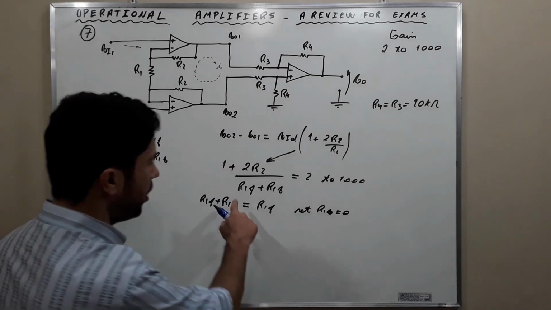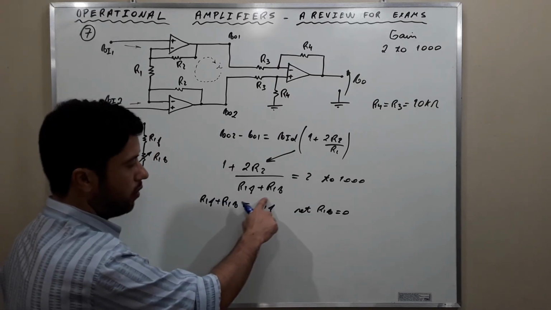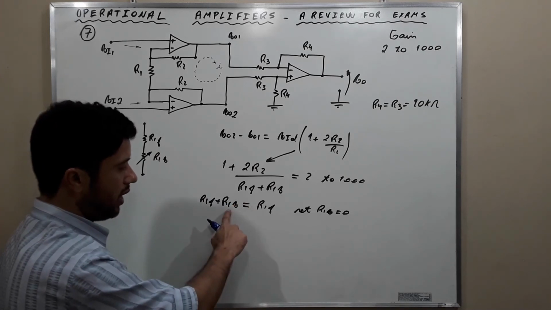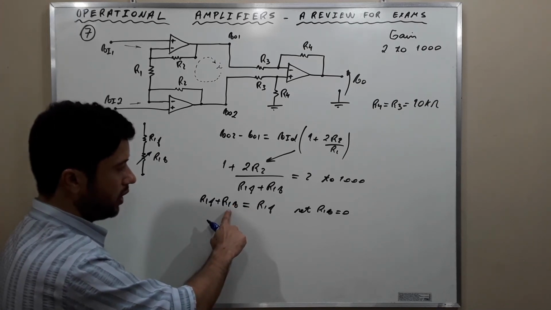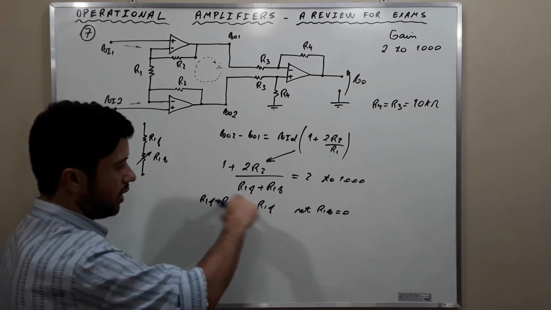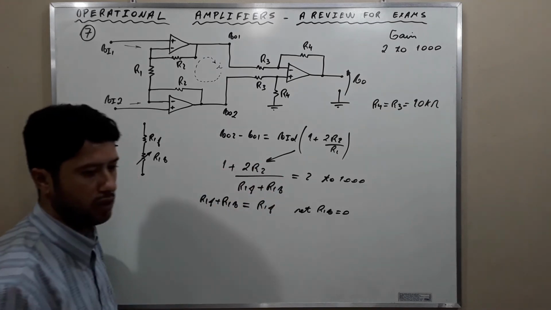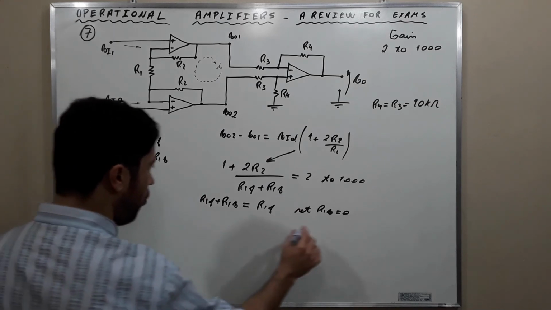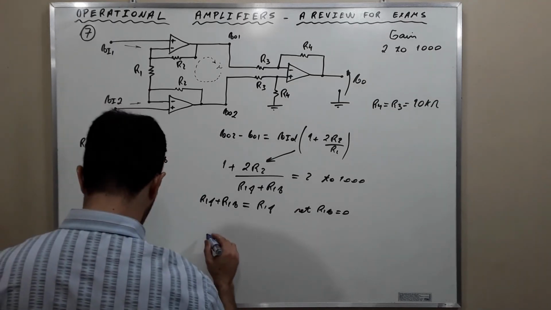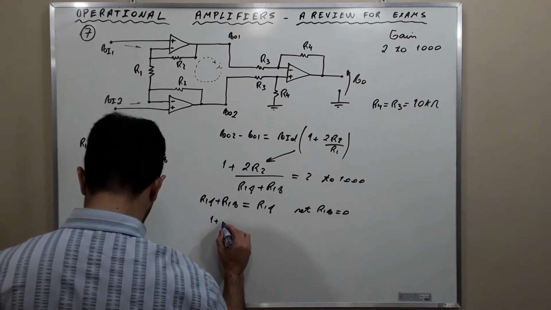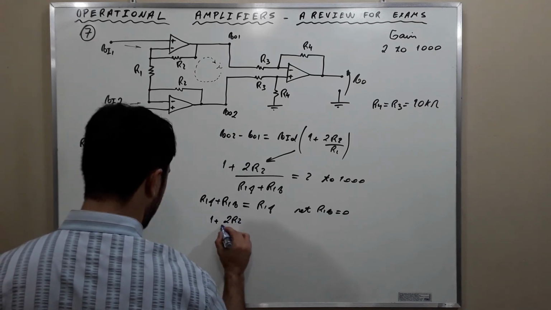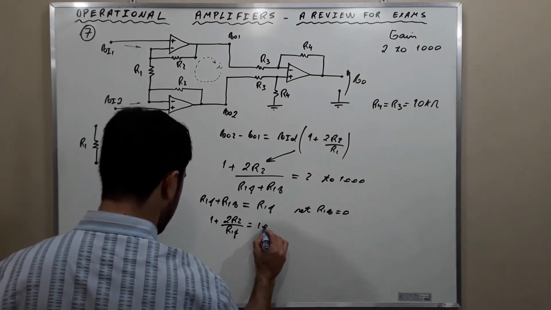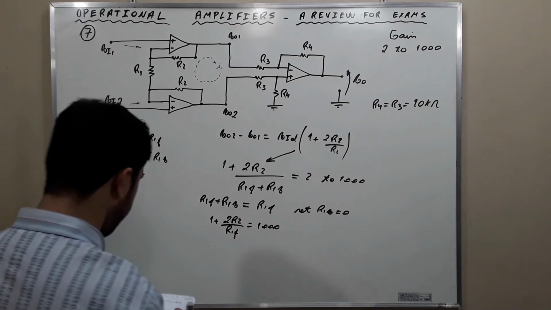Why? Because the minimum value of the denominator is the one when R1V is 0, and it makes the entire gain the maximum. All right? So when R1V is 0, 1 plus 2R2 over R1F is equal to 1000.